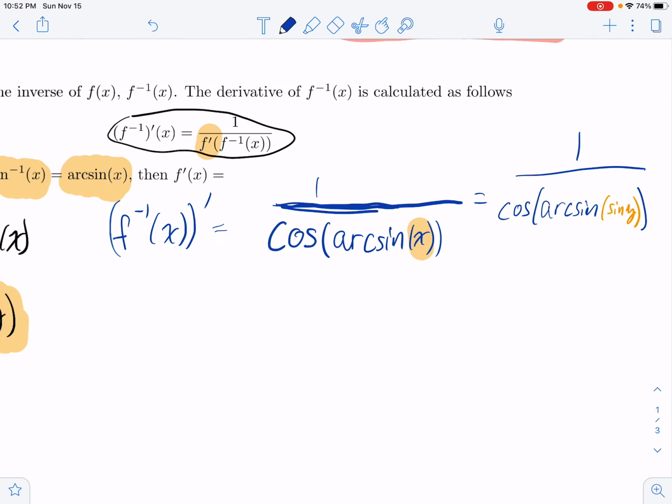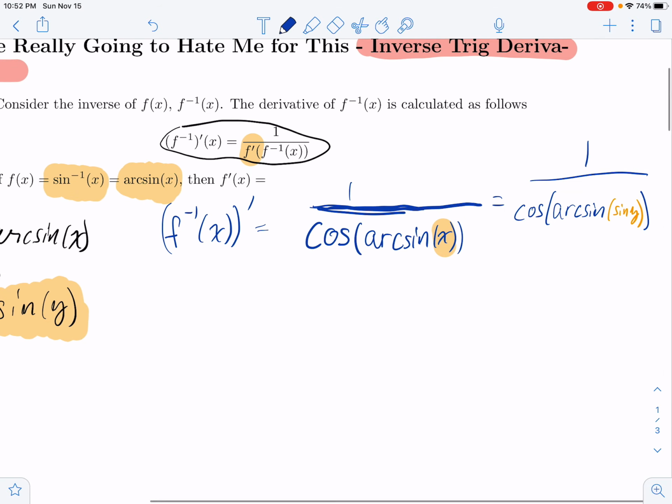All right, and if you remember, since arc sine and sine are inverses of each other, they will cancel. So this is 1 over the cosine of y.